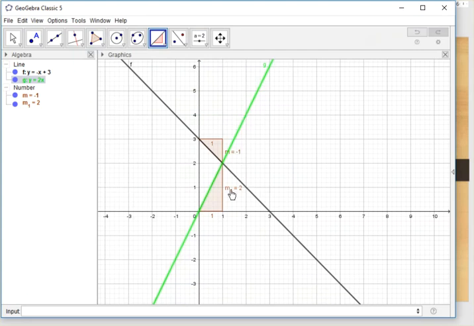See, the green goes here and it's got the gradient of 2, and we have 2x. If I change that to 3, the gradient changes to 3, and it looks a bit steeper.